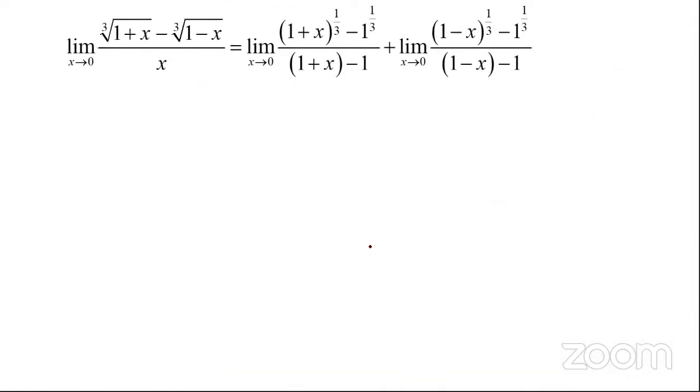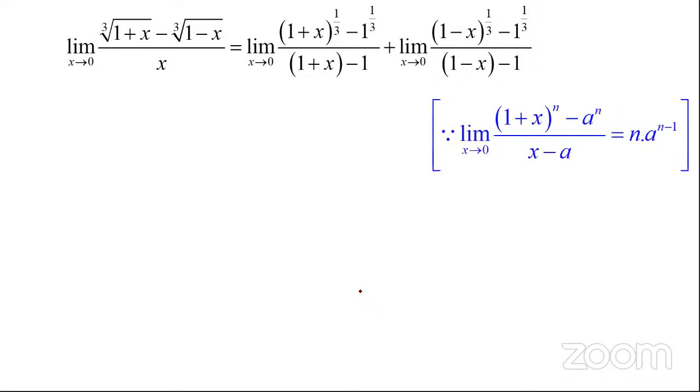Then, as said previously, x power 1 by n is nothing but the nth root of x. That's why I can write the limit as x tends to 0 of (1 plus x) whole power 1 by 3 minus 1 power 1 by 3 by 1 plus x minus 1, plus the limit as x tends to 0 of (1 minus x) whole power 1 by 3 minus 1 power 1 by 3 by 1 minus x minus 1.